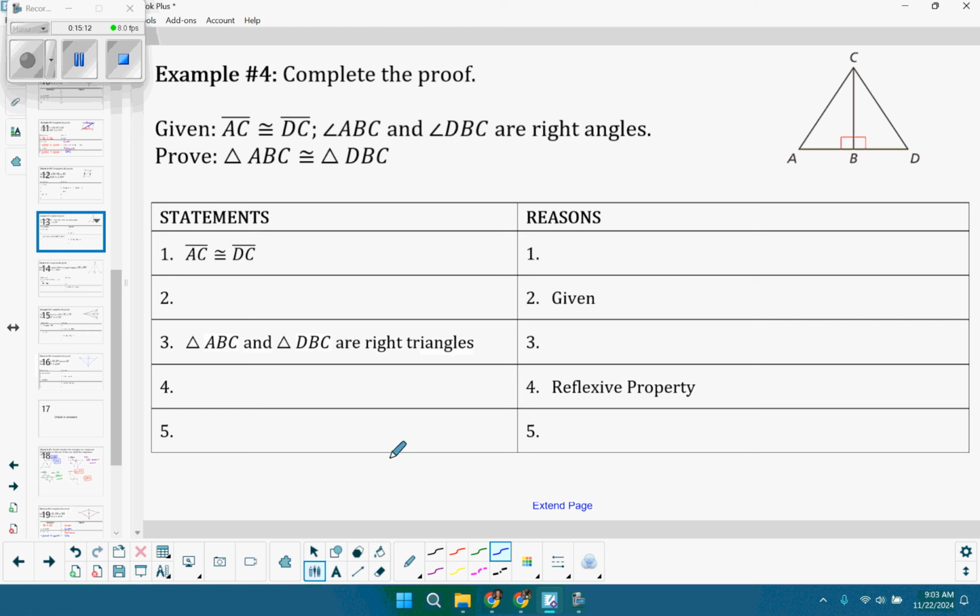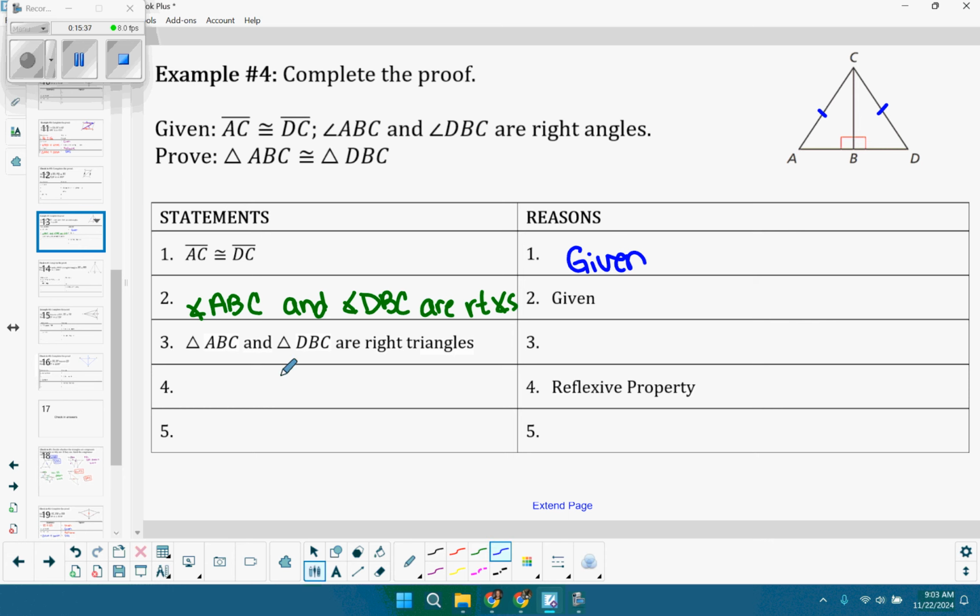Example 4. We're given that segment AC is congruent to segment DC. And step 2 also says given, and that's that angle ABC and angle DBC are right angles.